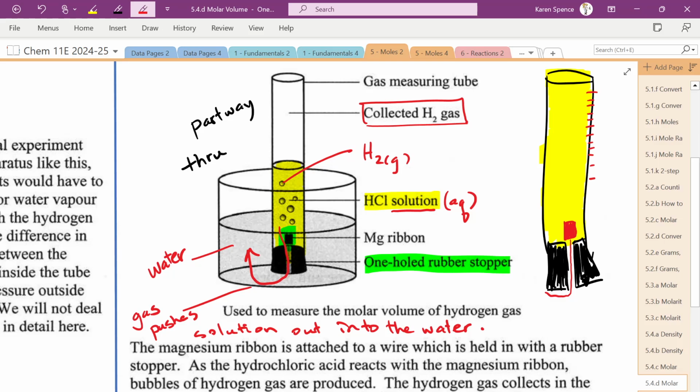Does it go up and down? Not all the way out, just let yourself have an air bubble in there and then bring it up and down and see if the volume changes. What is happening?